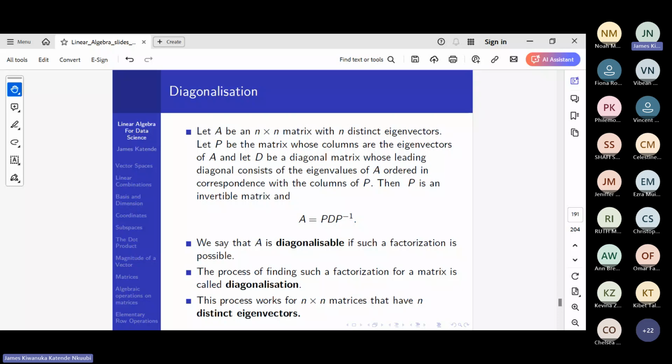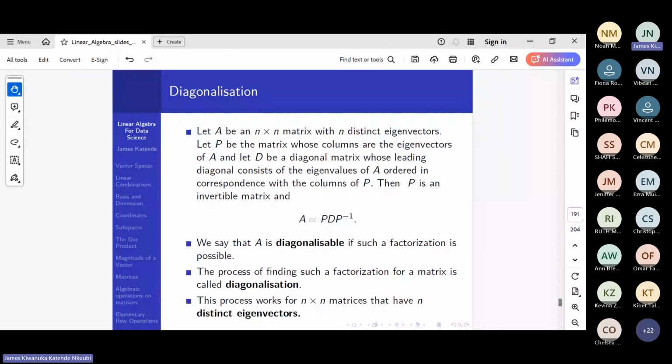So we can create another matrix which we call P, and this matrix will be the matrix whose columns are the eigenvectors of A. We can also create another matrix D. This will be a diagonal matrix, and the diagonal of D will be the eigenvalues of the matrix A. The eigenvalues will be in the order of the columns as they appear in the matrix P. The order must be maintained.